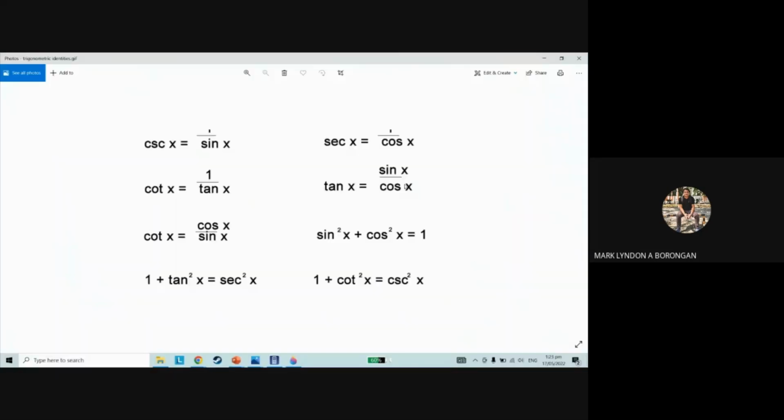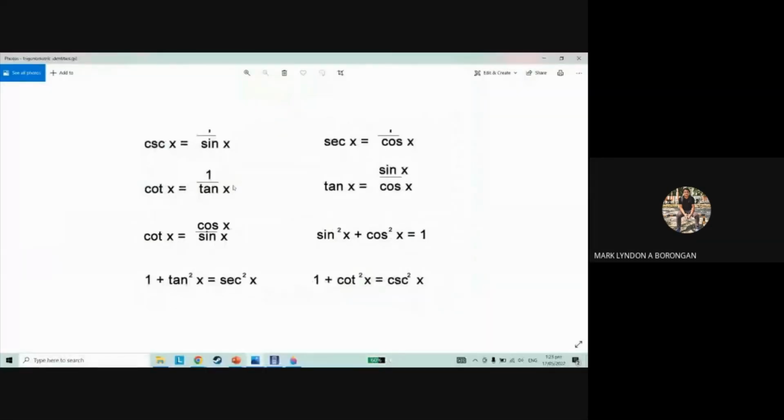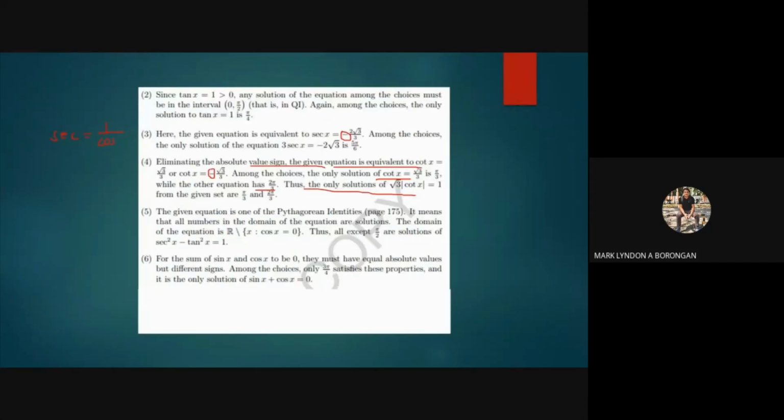So it's obviously a Pythagorean identity, no? So the basis here is, secant squared of x minus, then the tangent squared of x is just transposed to the other side, and it's positive. So now, how do we find the solution?